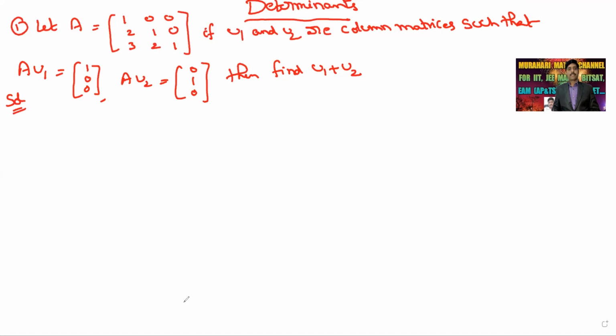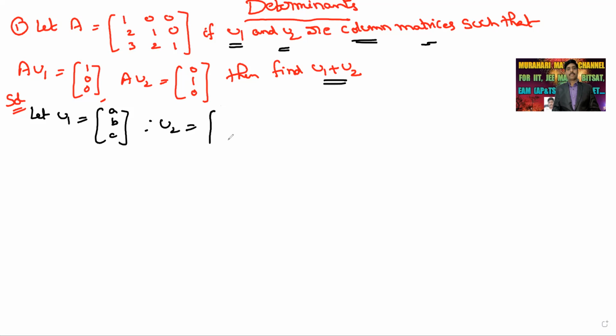Okay. So what is our target? U1 plus U2 value, where U1, U2 are column matrices. So let us take U1 is equal to A, B, C, and U2 is equal to D, E, F. Okay.